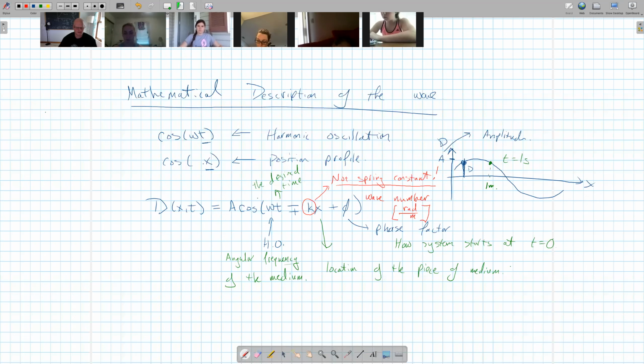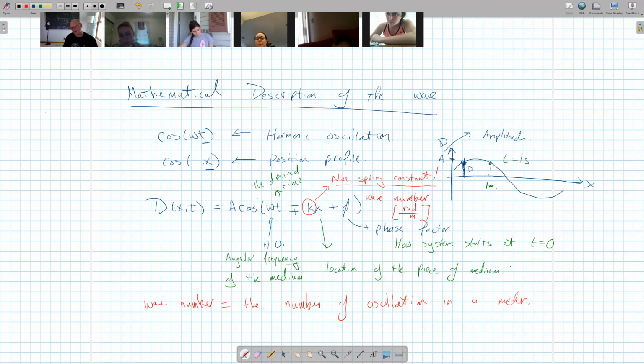So the wave number is equal to the number of oscillations in a meter. If I was looking at the picture that I drew here, this thing starts off at 0.